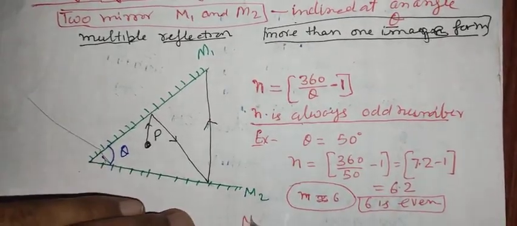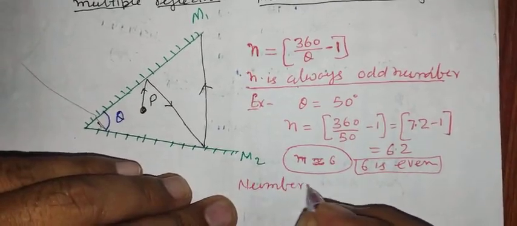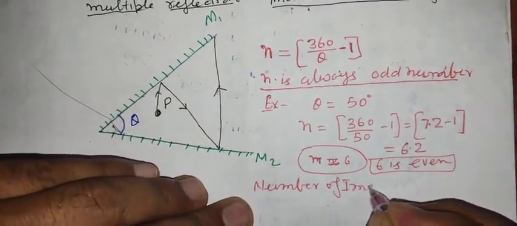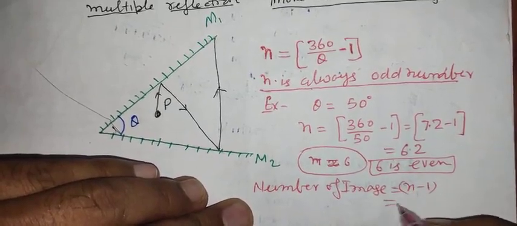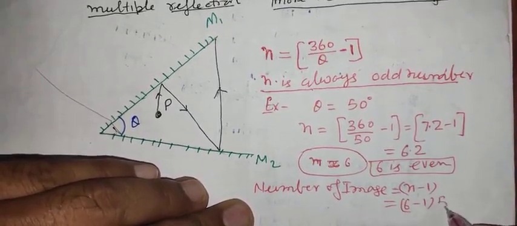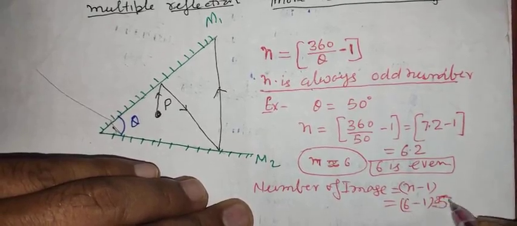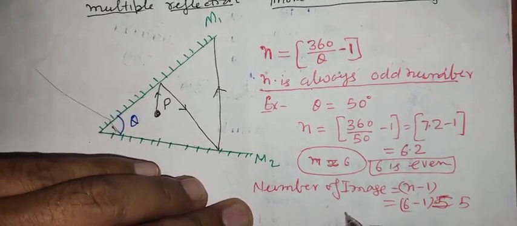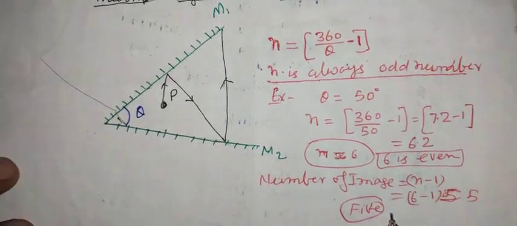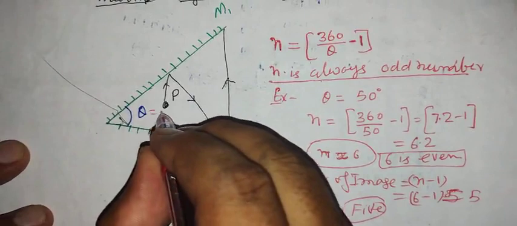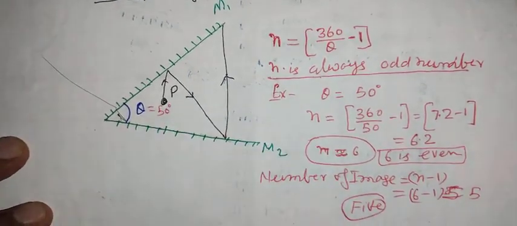The number of images we obtain is n minus 1. So 6 minus 1 means 5 images will be formed when theta is equal to 50° in this case.